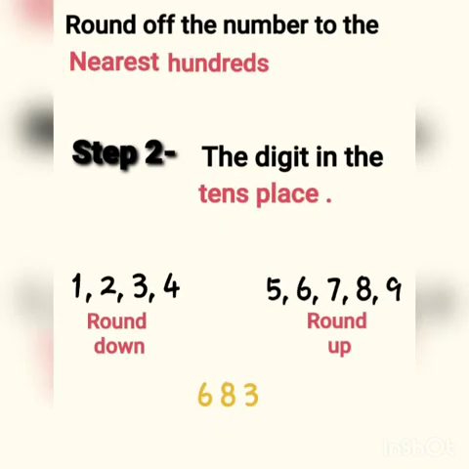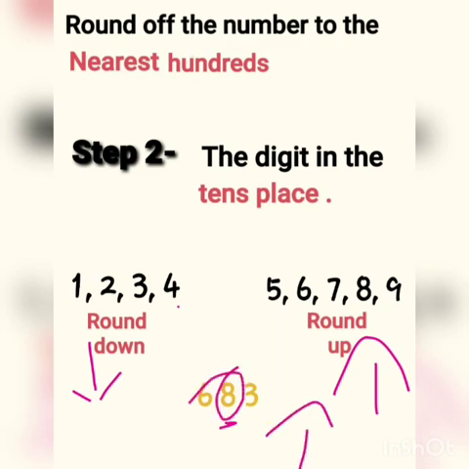If the digit in tens place is 1, 2, 3, 4, I round it down. And if it is 5, 6, 7, 8 and 9, I round it up. In this case it is 8, right? So I need to round up to the next 100. So remember, this will become 700, right?